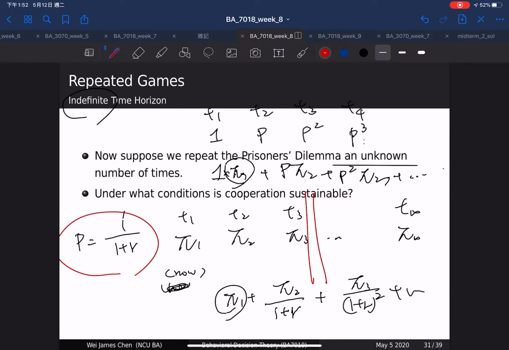It takes forever. So you tell your participants that you play for possibly infinitely many rounds, but each round will have a probability p of ending at that round.